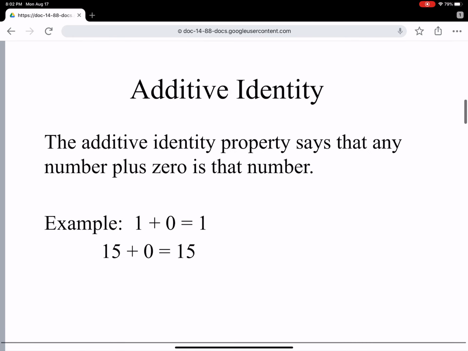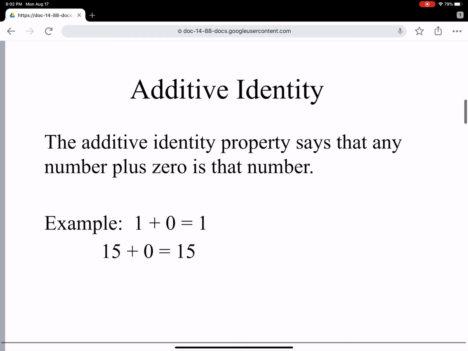Additive identity. The additive identity property basically says that if you add a number and 0, the sum of 0 and any number is going to be the number, okay?